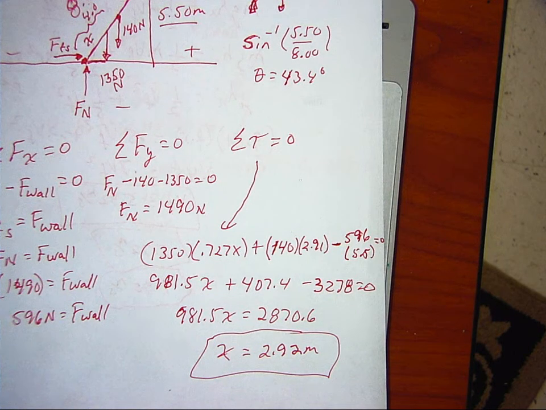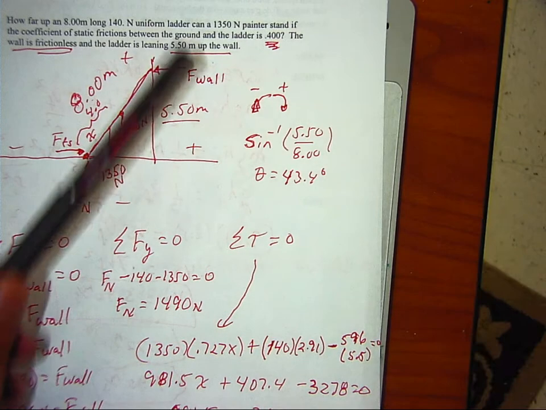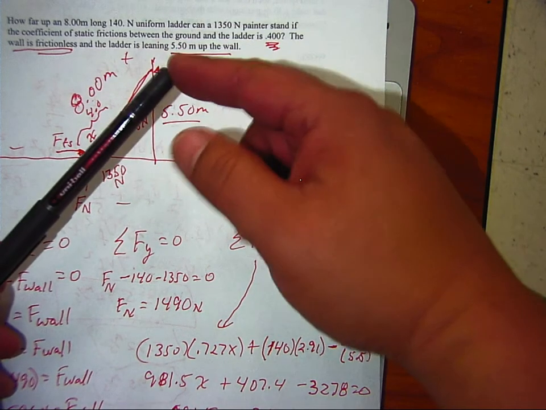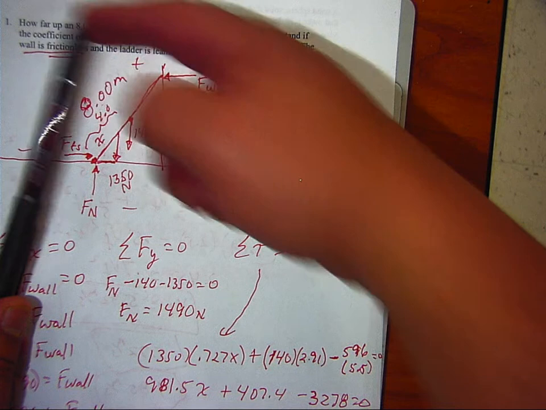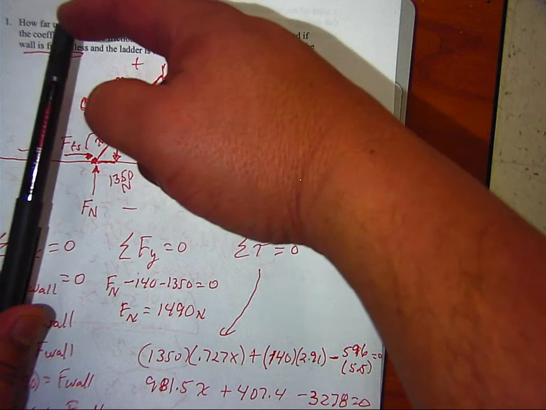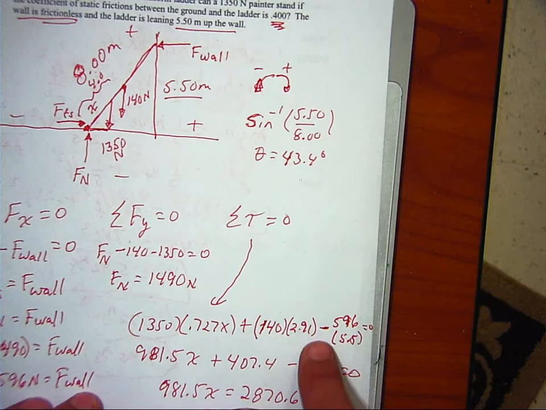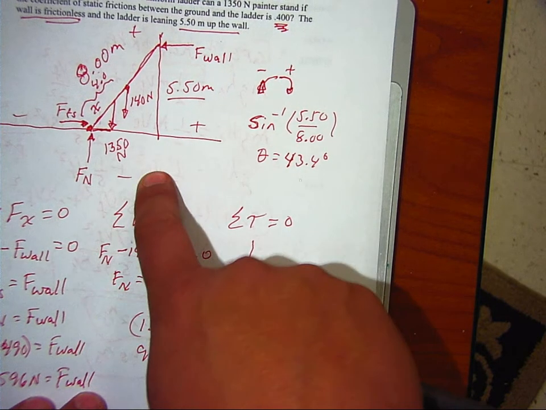I know you just answered this, but how do you know it's minus for the wall? Oh. Because if you hold the pen like it's the ladder, see when the wall pushes, which way does the pen rotate? Counterclockwise? So counterclockwise torque is negative, clockwise torque is positive.